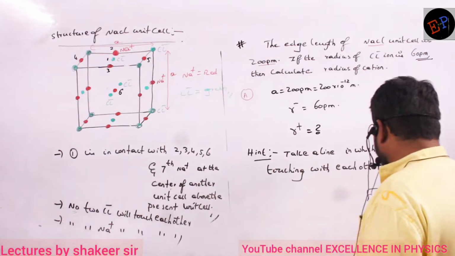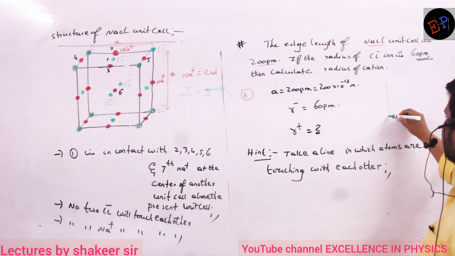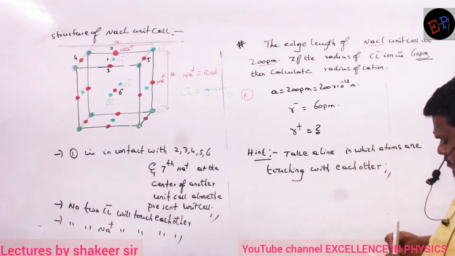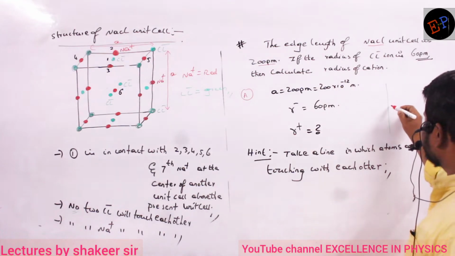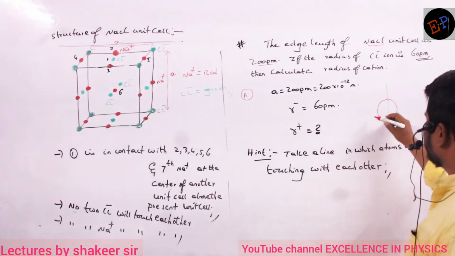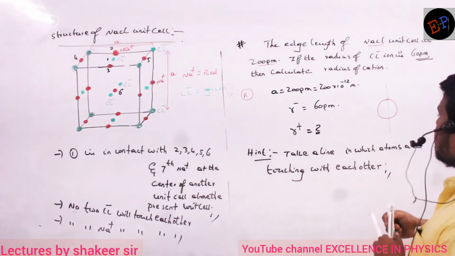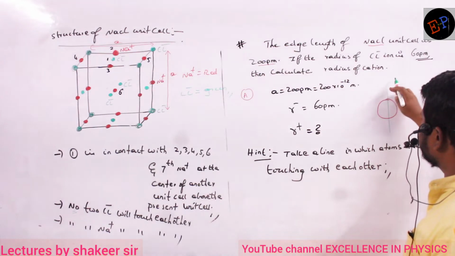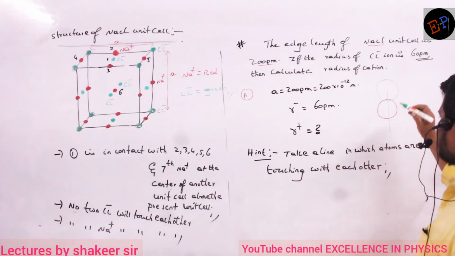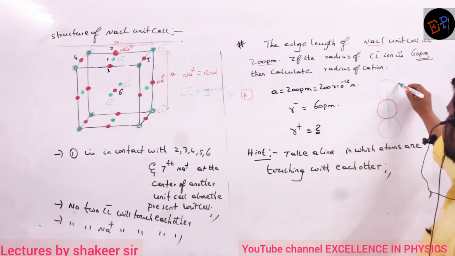So therefore, how can I draw the diagram here? Consider this is the edge length. If this is the edge length, this is Na plus. And what about Cl minus? This is the Cl minus, and this is also one Cl minus.